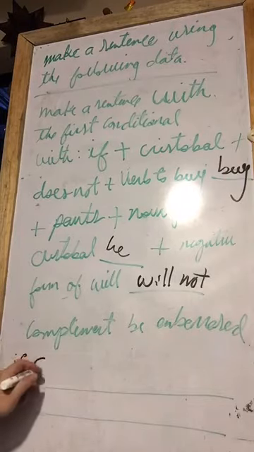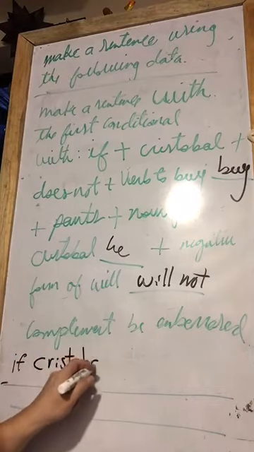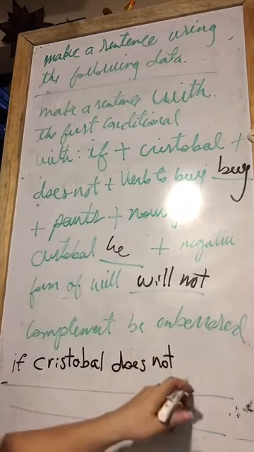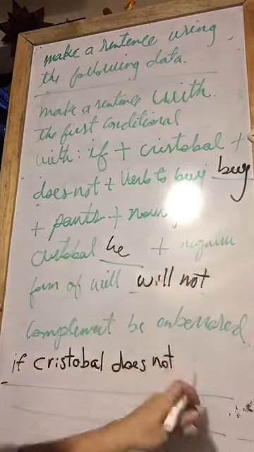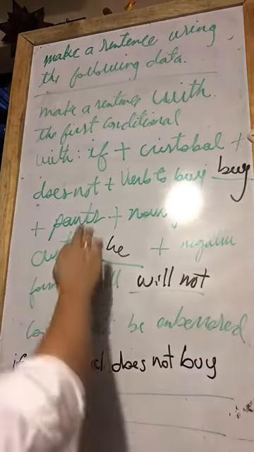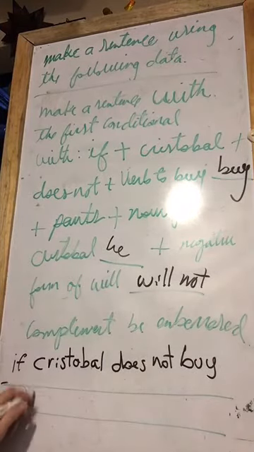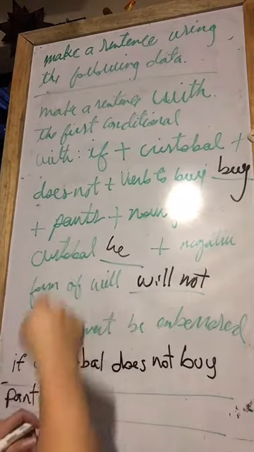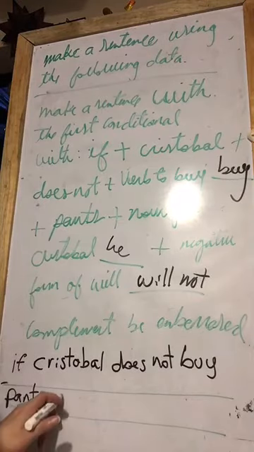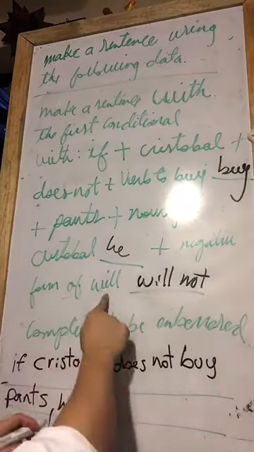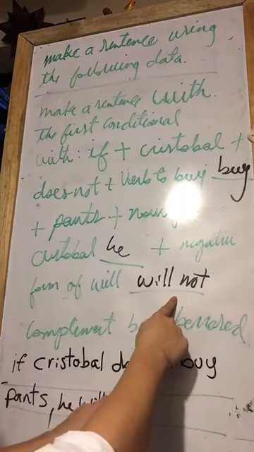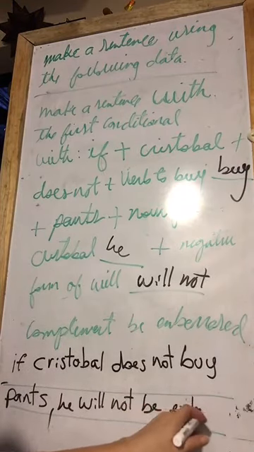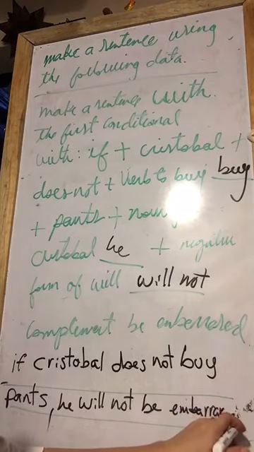If Cristobal, and then we have this, does not, and then verb to buy, we have that is buy pants, and then noun for Cristobal, comma, he, negative form of will, not, complement of embarrassed, be embarrassed.